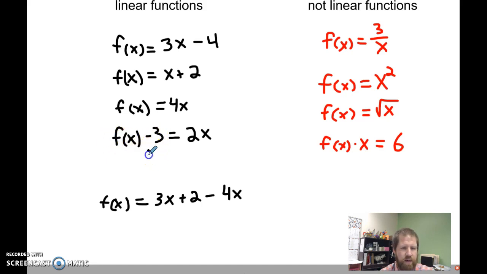So to move that away, I add 3 to both sides, and I would get f of x is equal, since those cancel, to 2x plus 3, and this is a linear function. We can see f of x equals mx plus b, where m is 2 and b is 3.